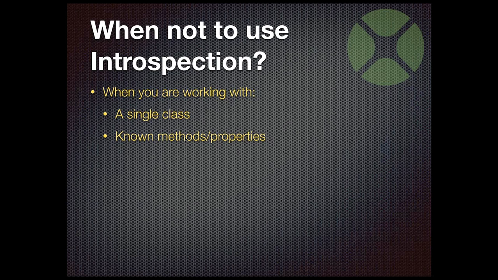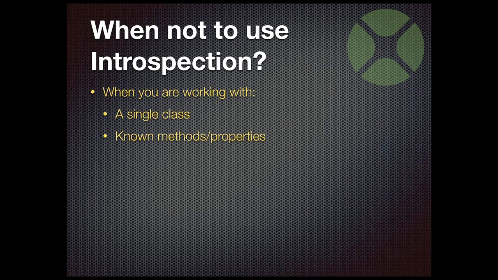If you know the methods and you know the properties, there's no real reason for introspection. Again, introspection is looking at runtime to look into an object and see what's going on inside of it. So a lot of times when you utilize introspection, you're giving up compile time checking, which is very valuable. It makes our programs have less bugs.